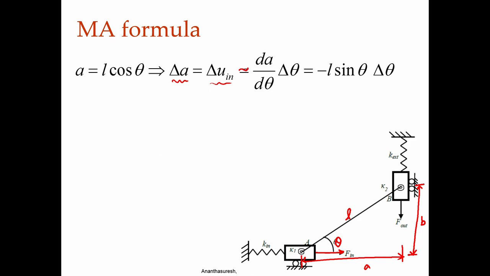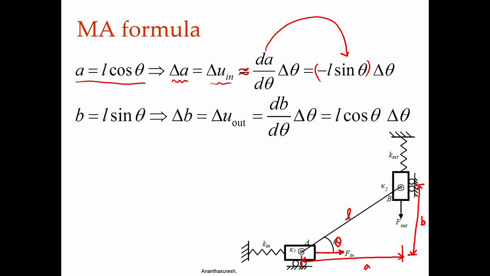This is an approximation, right, dA by d theta into delta theta, first order term in the Taylor series. Since A is equal to L cosine theta, dA by d theta is minus L sin theta, times delta theta will give you delta U in.